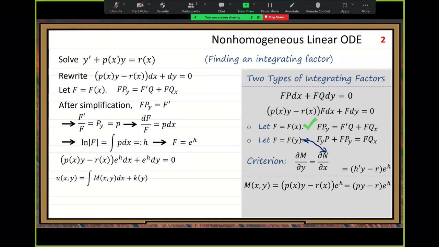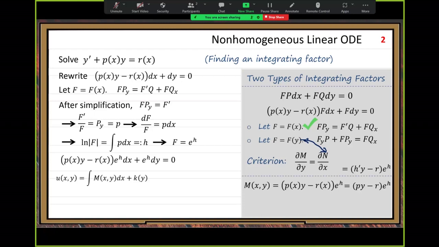Can we replace P by H prime? Remember the definition of H here. H is the integral of P. When we take the derivative of H, we get P from this definition. Can you see that? Everyone feel all right?